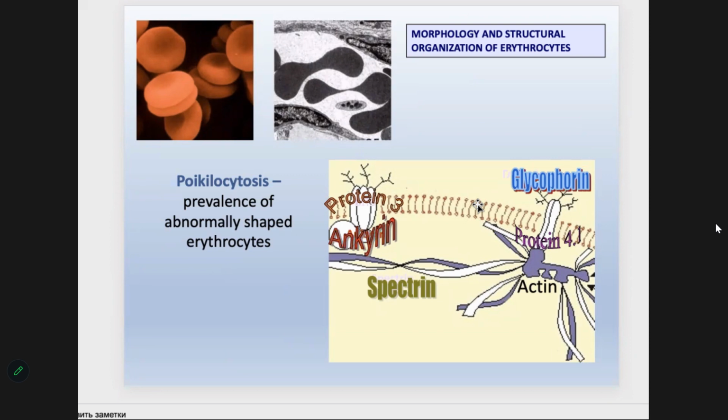So, as you know, erythrocytes can change their shape. Usually, erythrocytes are disc-shaped, but in some cases the diameter of blood vessels, for example the diameter of blood capillaries, is less than the diameter of erythrocytes. In this situation, erythrocytes change their shape.